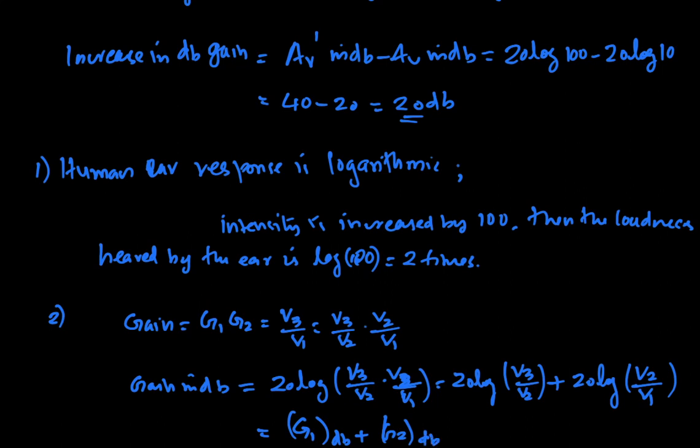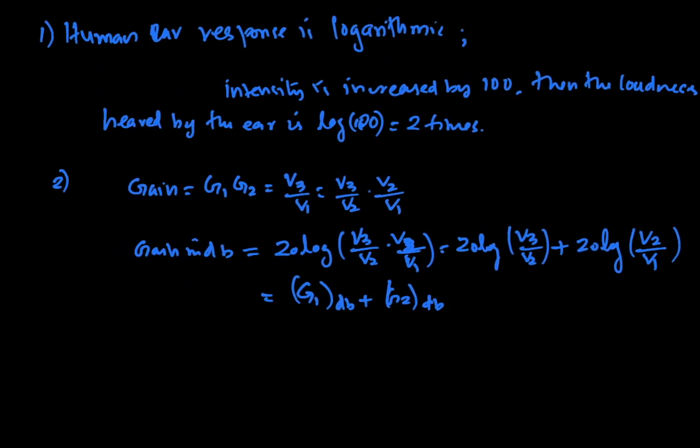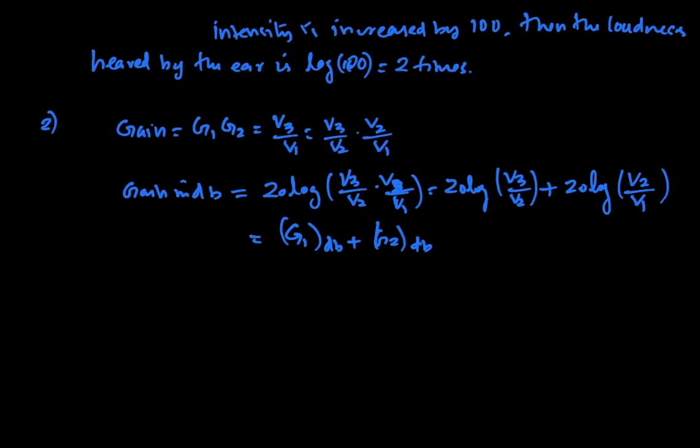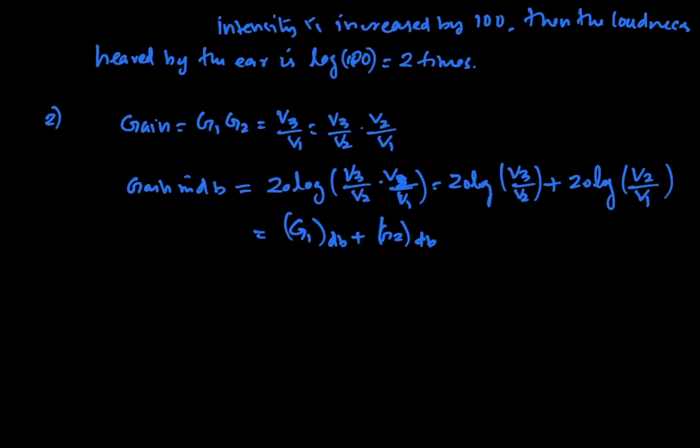So the gain in decibel for a multi-stage amplifier is the sum of the individual gains. If we are expressing gain in ordinary number, then the net gain of a multi-stage amplifier is the product of the gains of the individual stages.